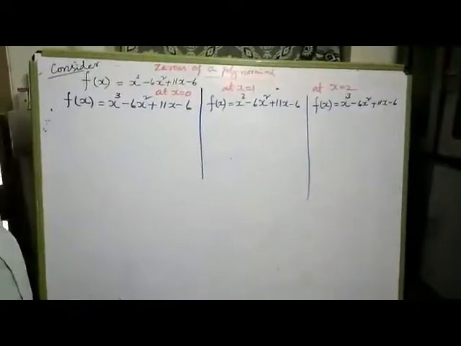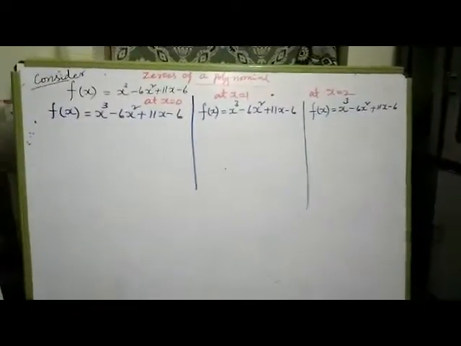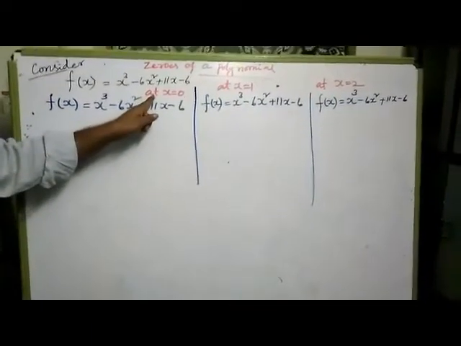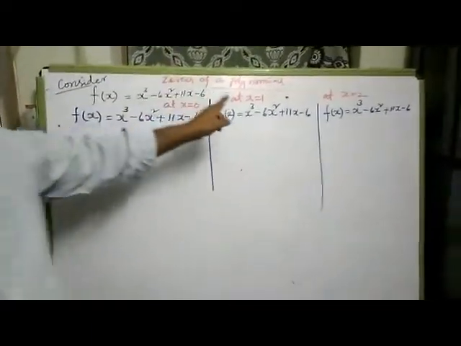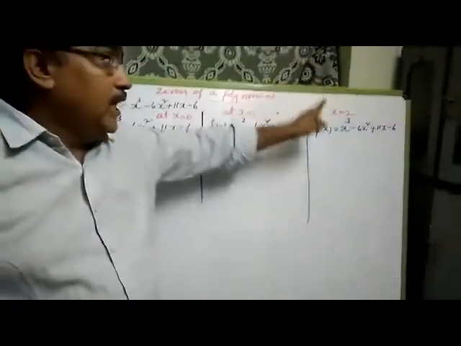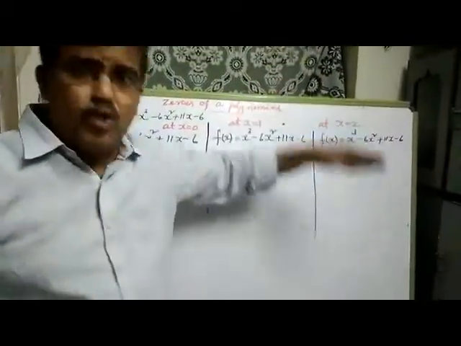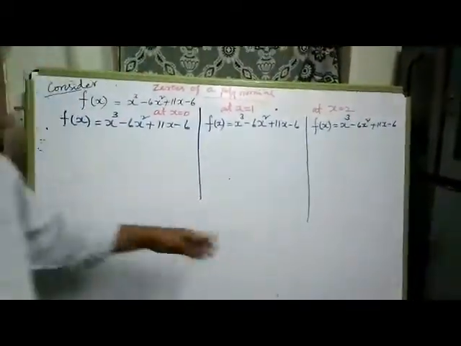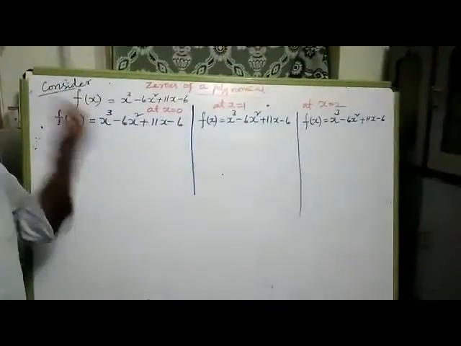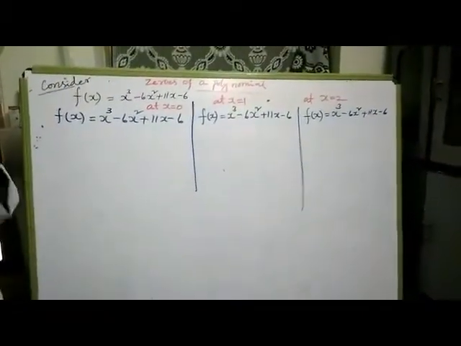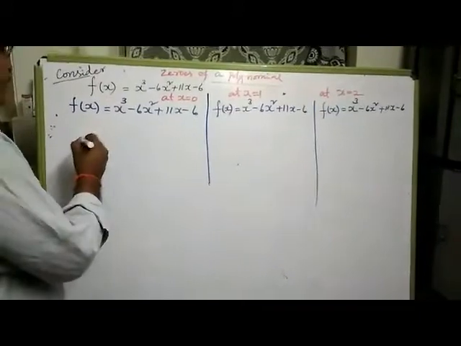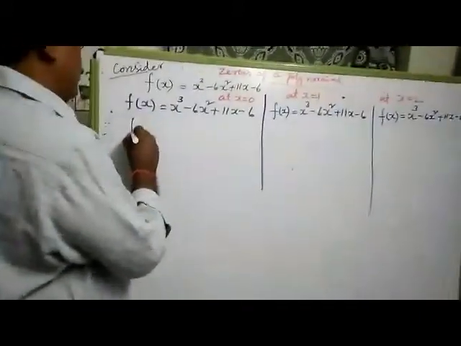Consider a cubic polynomial. We are going to find the value of the polynomial at x is equal to 0, x is equal to 1, x is equal to 2, and x is equal to 3. If you want, you can take x is equal to minus 1 also. Now, first one is x is equal to 0.